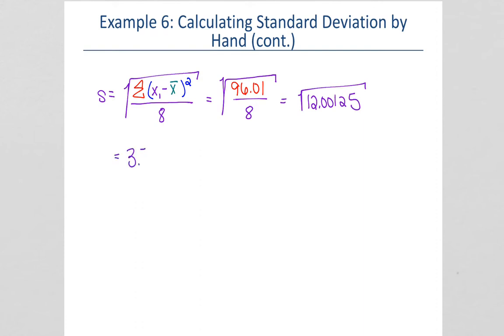And take the square root. So the standard deviation is 3.5 years. So what we can do is we expect that the age of the average student is about 3.5 years younger or older from the mean age of 20.67.